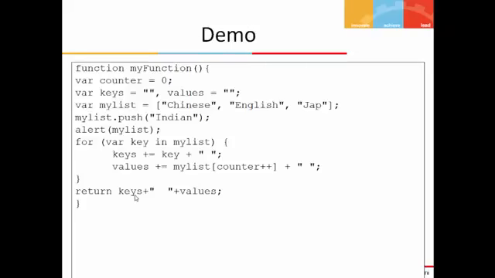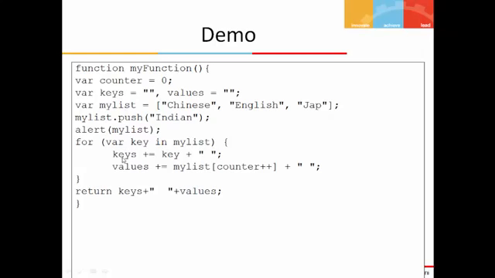We have already seen this example where I had in my array three elements over here, and I pushed one more into this particular list. Then I alerted the same, then I made use of this for loop where var key in my list, it's going to concatenate all these four values which are present in the array, and it is going to return them.